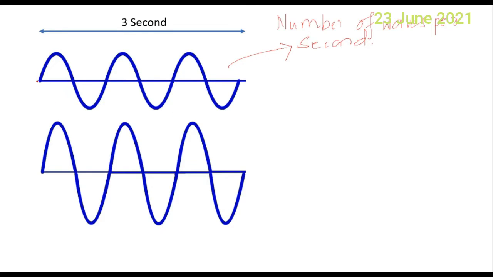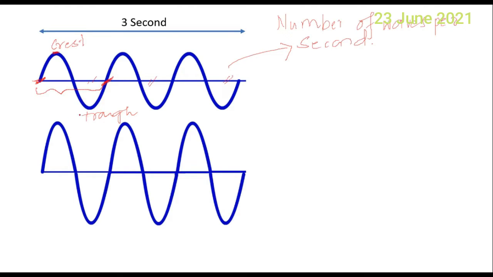And you know, a wave is nothing but movement from initial position, this plane is the initial position, to an extreme position, that we call crest, and then another extreme position, what do you call this? Trough. And then again back to initial position, right? From here to here is one wave.